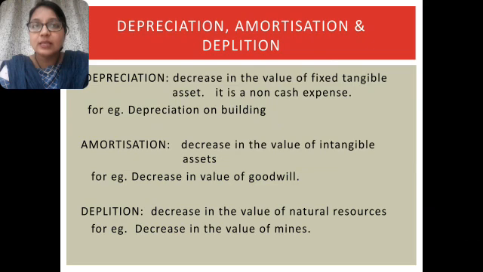Now coming to the next, that is amortization. Students, there can be many intangible assets with the firm like goodwill, patents, copyrights. And if there is any decrease in the value of an intangible asset, we will say it is amortization. So amortization of goodwill, amortization of patents, and so on.